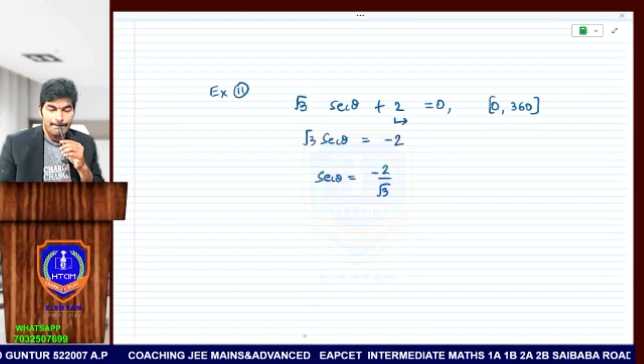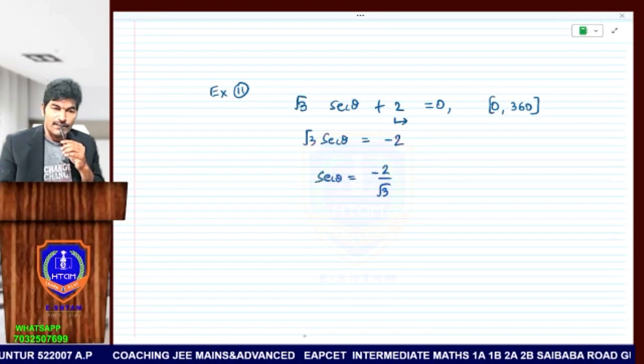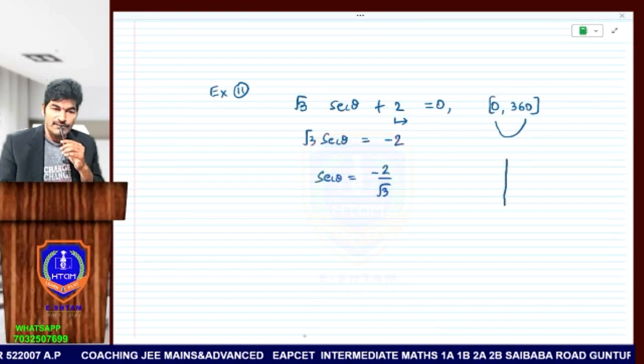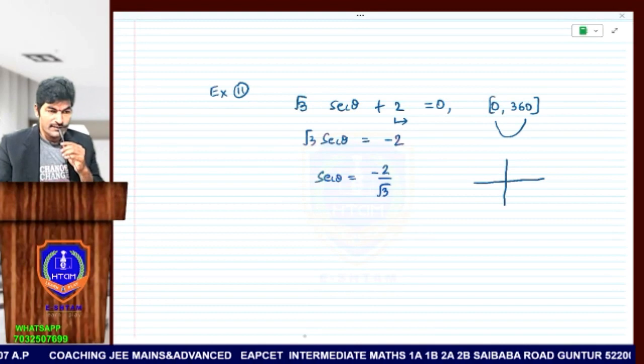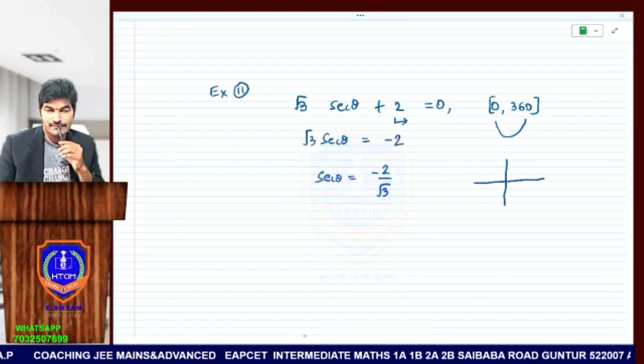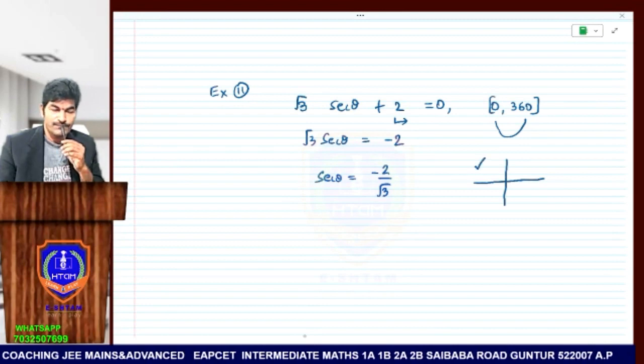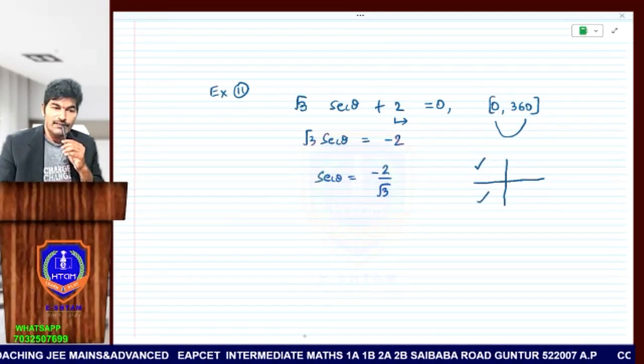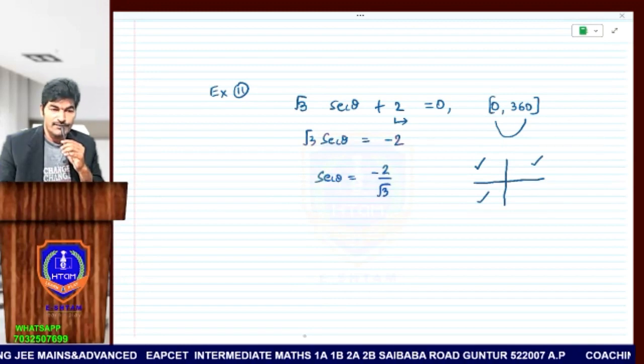Okay. Now look at this range. You can use the quadrants now. Tell me in which quadrants secant is negative? Second quadrant and third quadrant. Why? Because in the first quadrant, all trigonometric functions are positive.